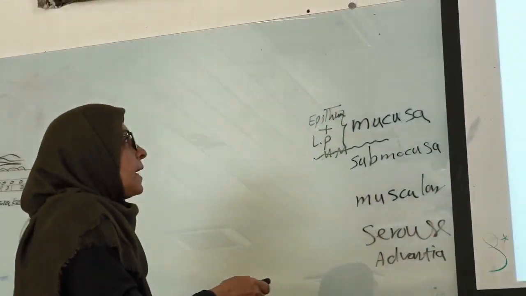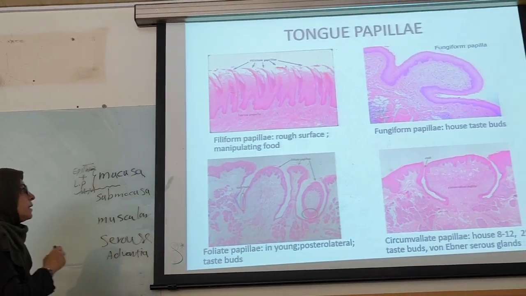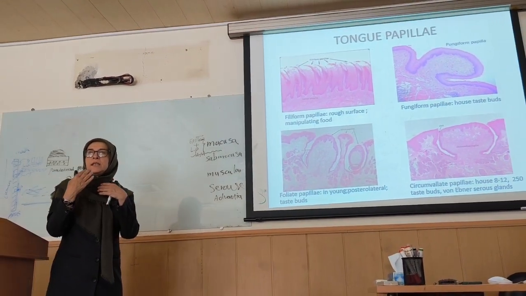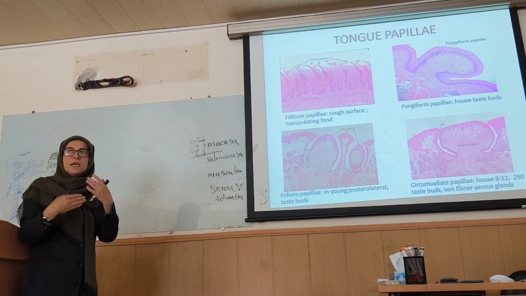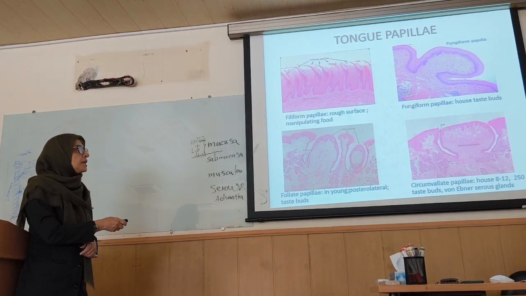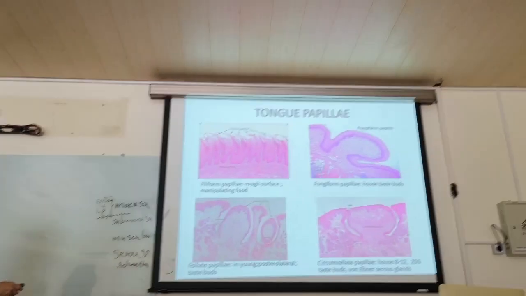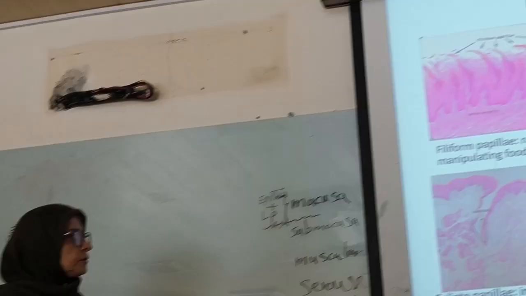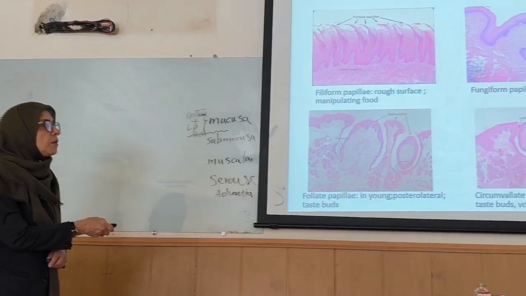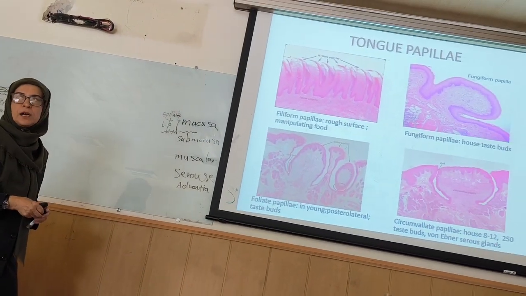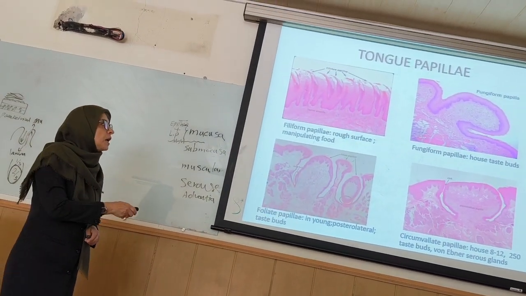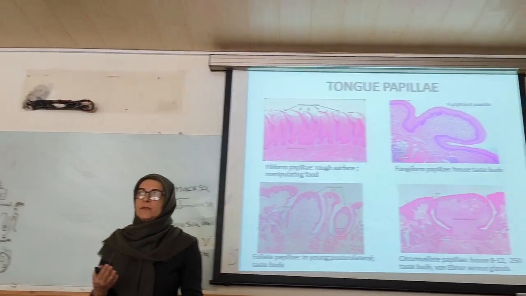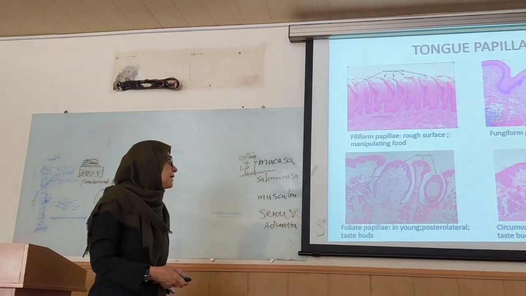They are involved in manipulating the food and preparing it for more digestion. The second type is fungiform, with a shape like fungi, and a small number of taste buds are in these papilla. The taste buds are receptors for tasting, for the gustatory sense.